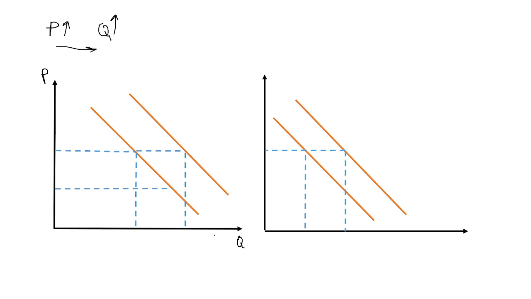So here we have the demand curve for the original conditions. When the demand for Coca-Cola increases, this increase is shown by shifting the curve to the right.